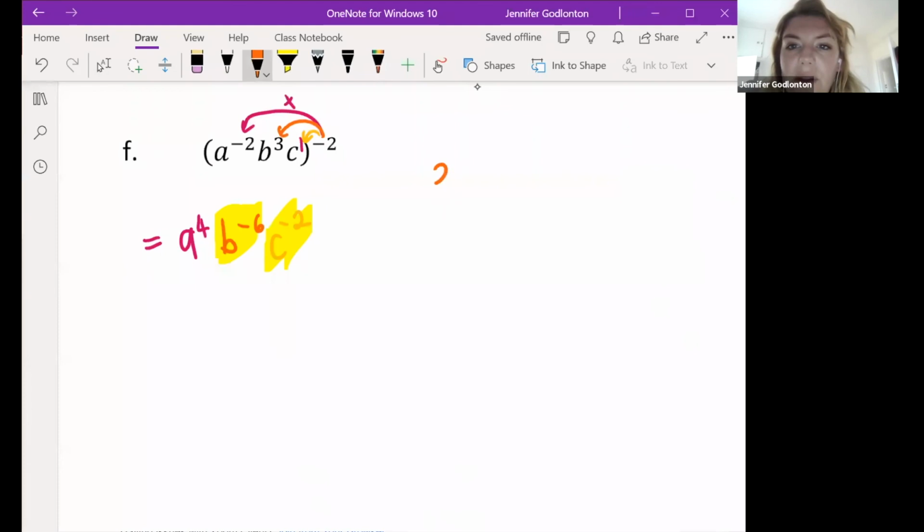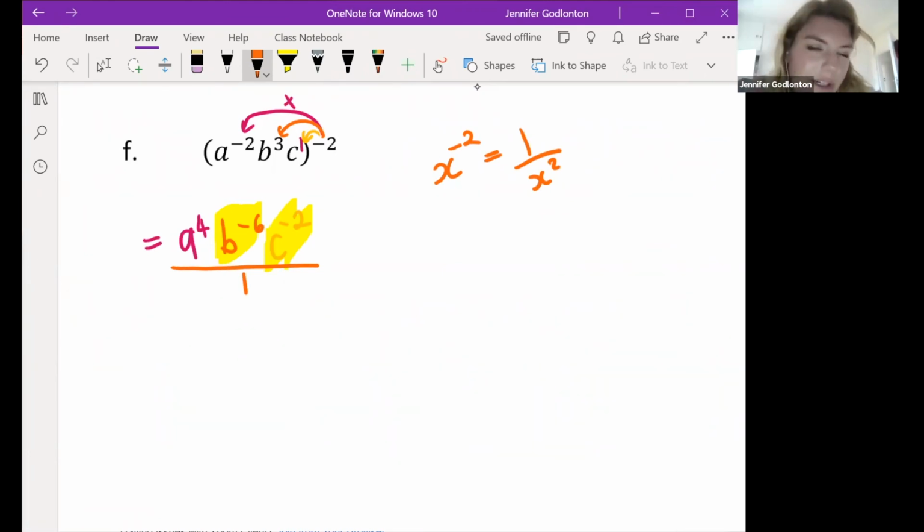Just remember this rule: if I have x to the negative 2, that's the same as saying 1 over x squared. If I had to write this as a fraction right now, I can always write anything as a fraction over 1, because anything divided by 1 is itself. Sometimes writing it as a fraction makes it easier to see where things have to go.